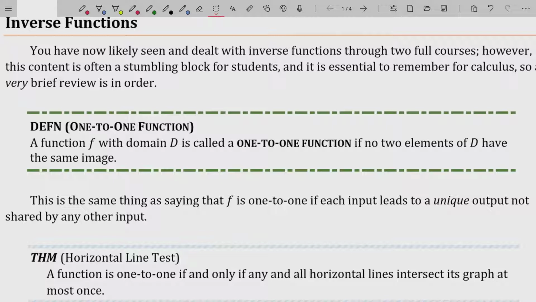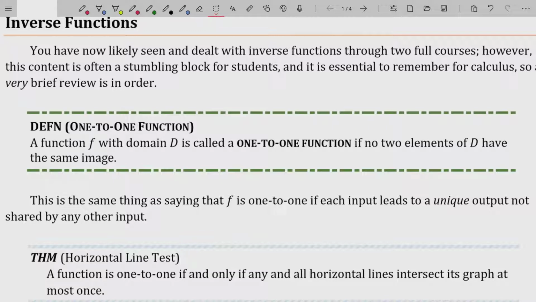A function f with a domain D is called one-to-one if no 2 elements from the domain have the same image. It is like a super function. Not only does x sub 1 lead to y sub 1, but y sub 1 only leads back to x sub 1. That's a way to think about it.